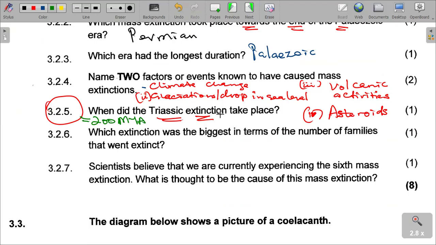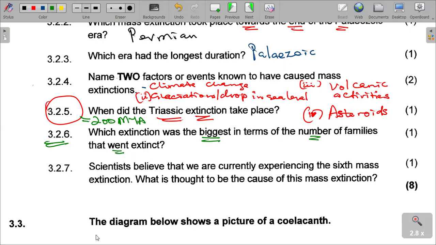And then which extinction was the biggest? Which extinction was the biggest in terms of the number of families that went extinct? Question number 3.26, which extinction was the biggest in terms of the number of families that went extinct?